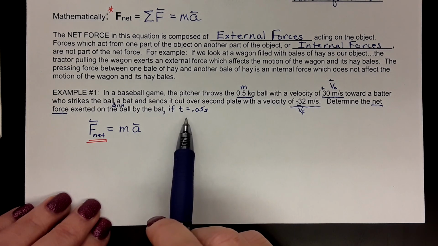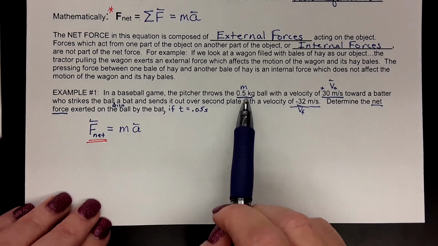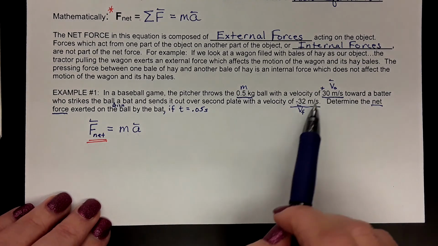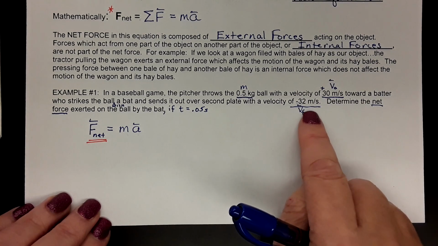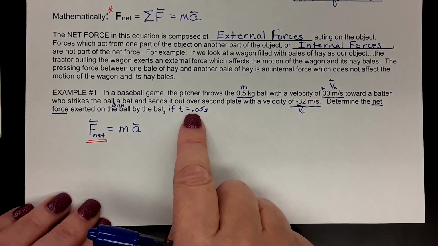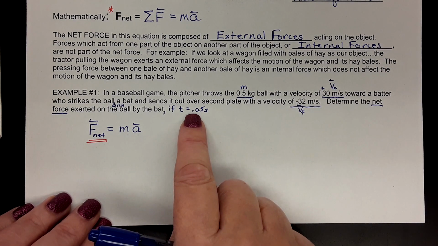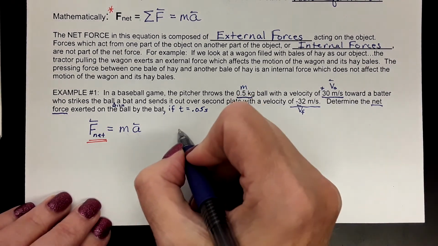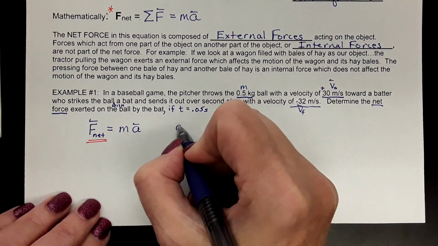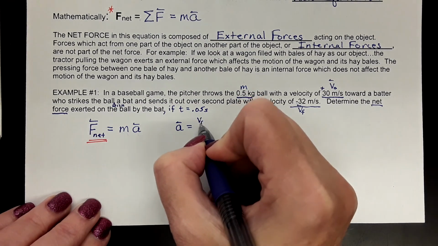However, we know kinematics. We know how to use kinematics to find an acceleration. Now, we know v sub f, v sub o, and t, the time of the acceleration. So the best formula to use here would be the definition of an acceleration. So before we can find the net force, first we have to find the acceleration.